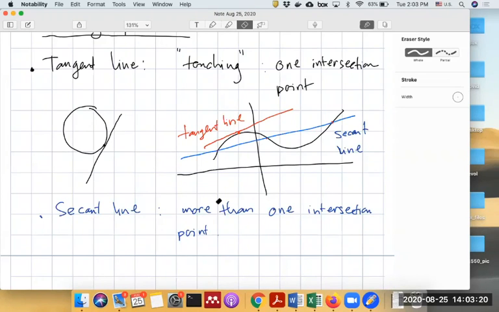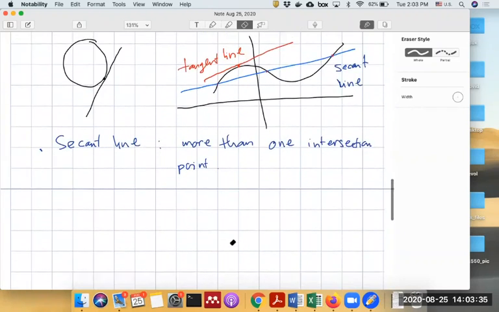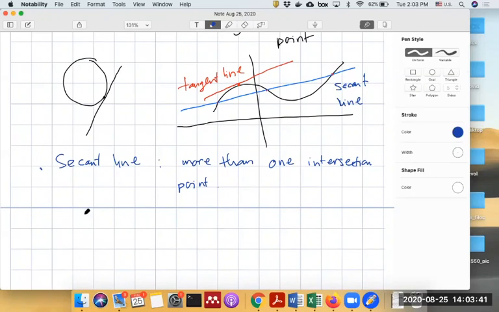Okay. Another concept we need to remember is, can you follow? Is it too fast or too slow? Very good, thank you. Let us continue. So the concept I just reminded you of is the slope.